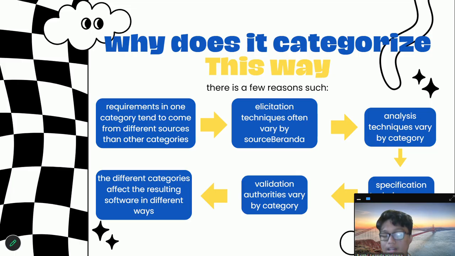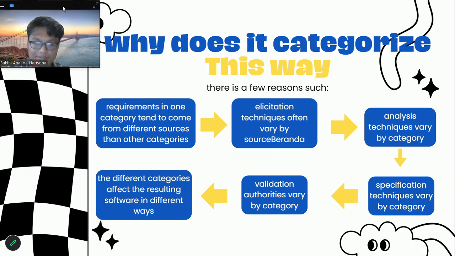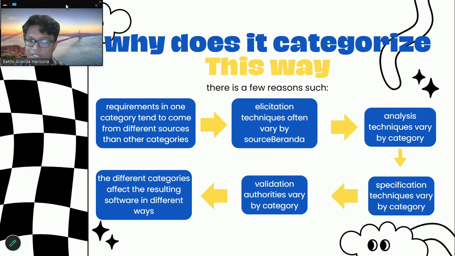Next. We already talked about the categories, but also how or why do we categorize them that way? Here are six reasons why. First, requirements in one category tend to come from different sources than other categories.